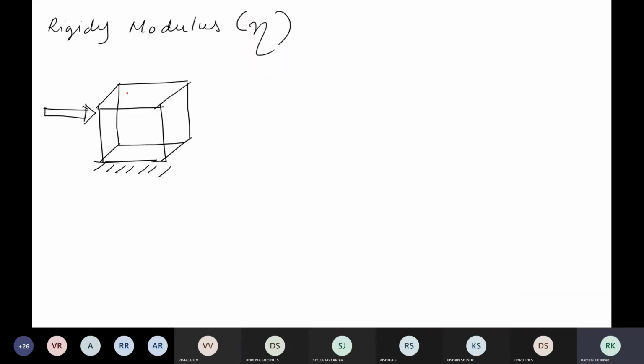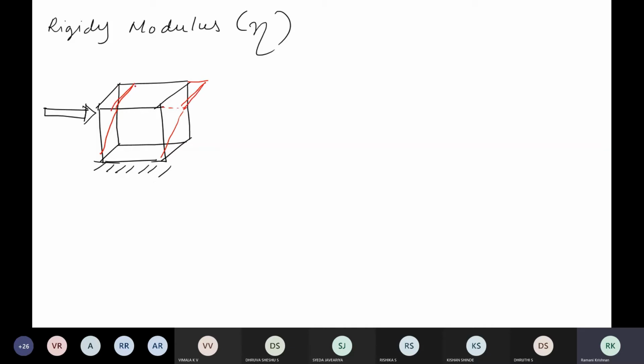Now the body gets tilted. Each layer is getting tilted, and so this cube is getting displaced. This will come to this position, and that's why I have changed the color of the pen.